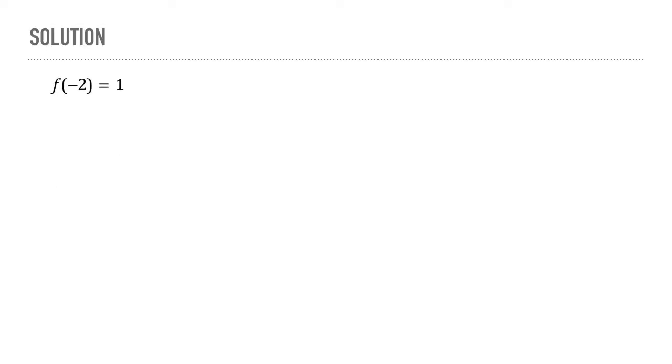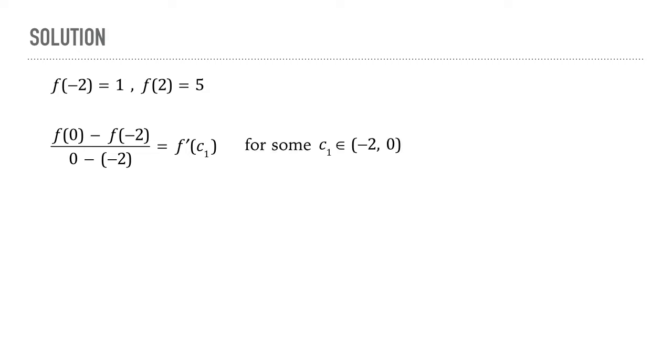Well, first of all, let us note down the values of f(-2) and f(2), which are the endpoints of the closed interval. Now we can apply the mean value theorem on the interval from -2 to 0, and we get a point C1 which belongs to the interval (-2, 0), where the mean value theorem is satisfied. Now from this we get, after putting the values of f(-2), this equation.